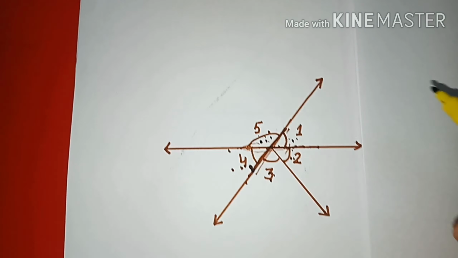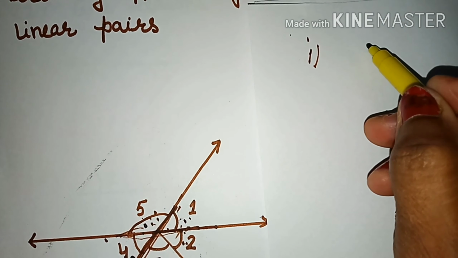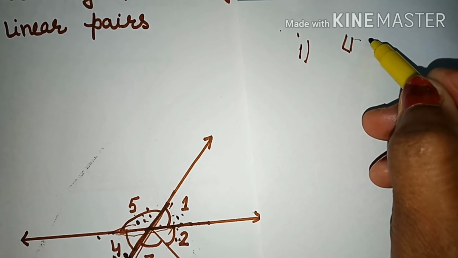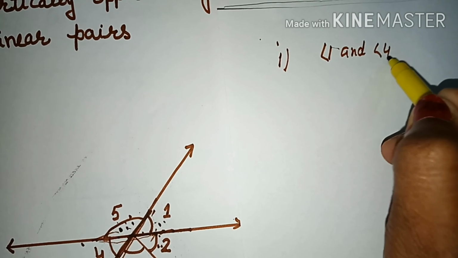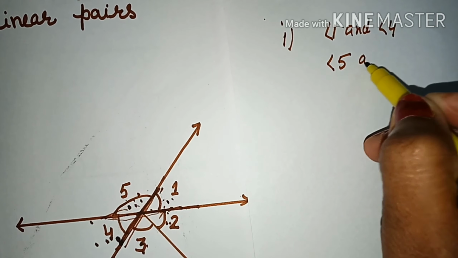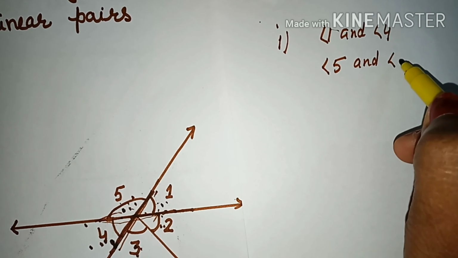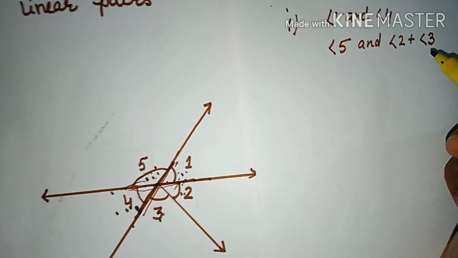So what is the answer of the first part? Angle 1 and angle 4. Second is angle 5 and the sum of angle 2 plus 3 are the vertical opposite angles.